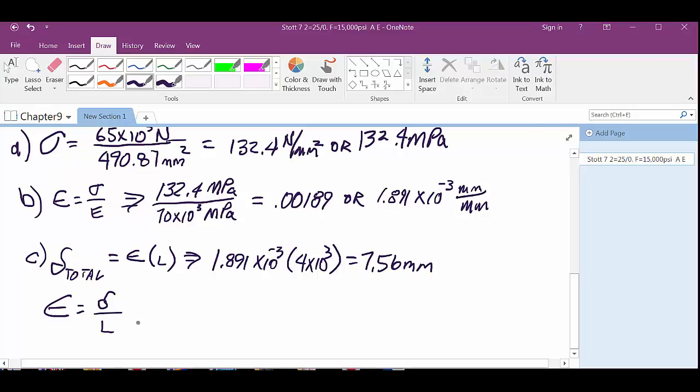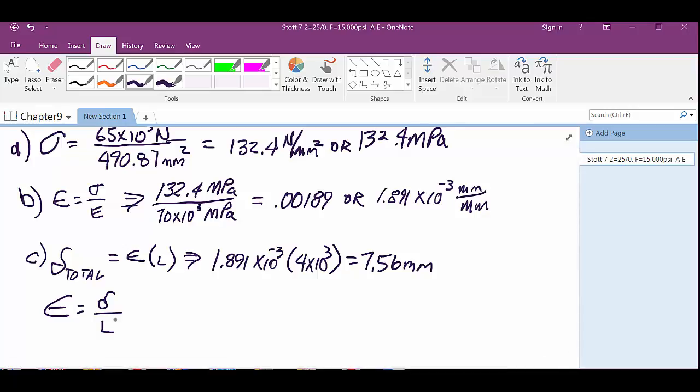Shear strain, which is depicted in figure 9.16B.